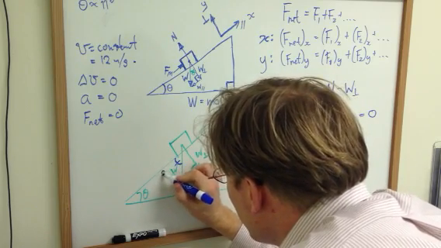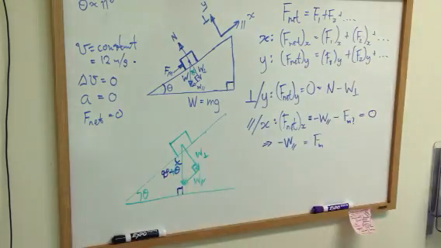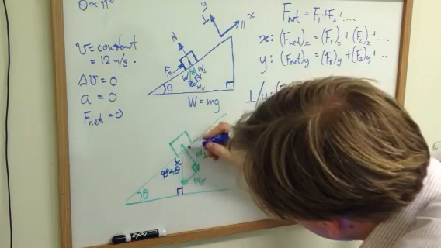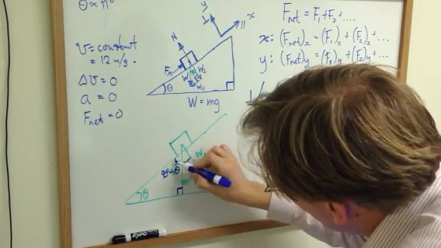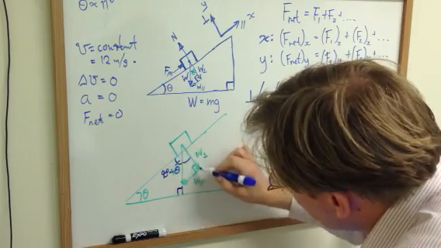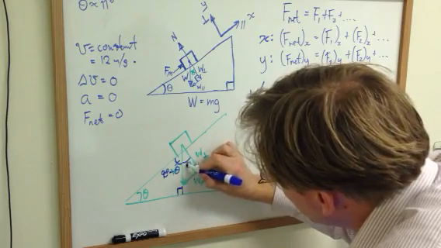So this must be equal to 90 degrees minus theta. And if that angle is equal to 90 degrees minus theta, and this is perpendicular to this surface, then those two angles must add up to 90 degrees. So if that's 90 minus theta, then this must be theta.